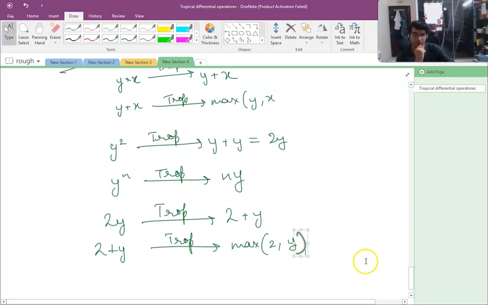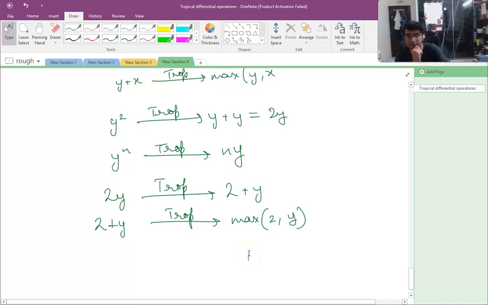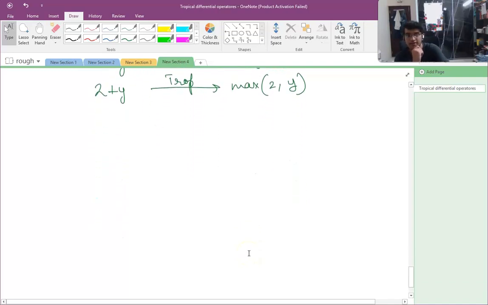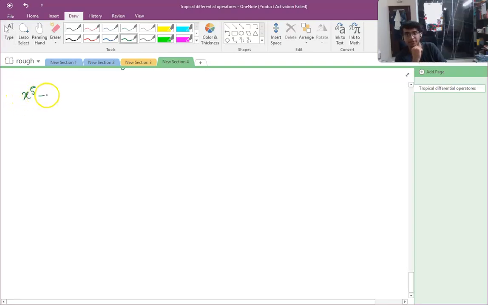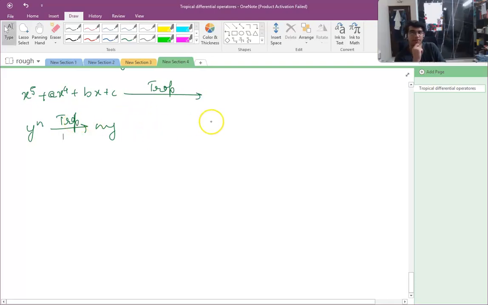Okay, I hope these examples help you understand exactly what we're doing. Let's take a little more complicated example where it'll make a lot more sense. Say I have x to the power of 5 plus a x to the power of 4 plus bx plus c, and I want to tropicalize this. Let's do this step by step. We know that if I take y to the n, it goes to ny under tropicalization. So x to the power of 5 is going to go to 5x, and so on.